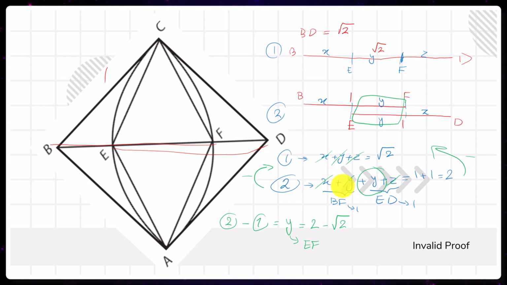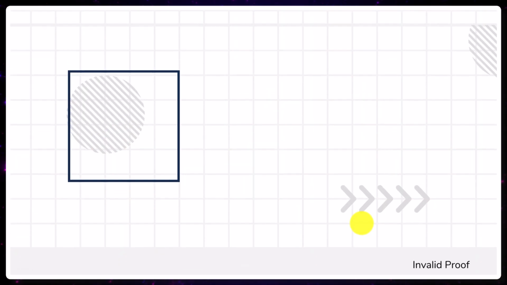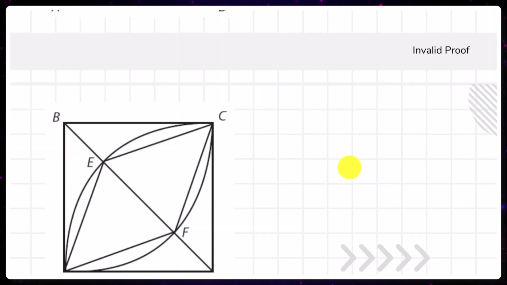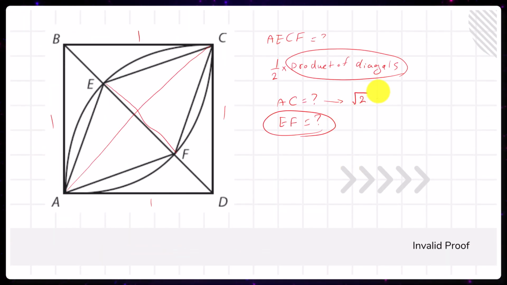So we calculated this one, 2 minus square root of 2. Now what we want to calculate is the area, which is half of the product of these two. Square root of 2 times 2 minus square root of 2.